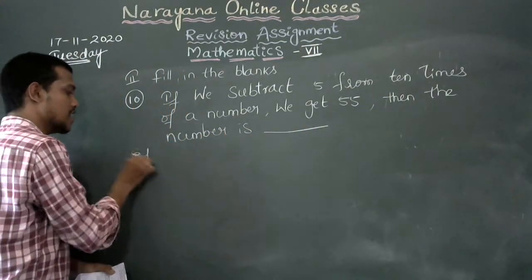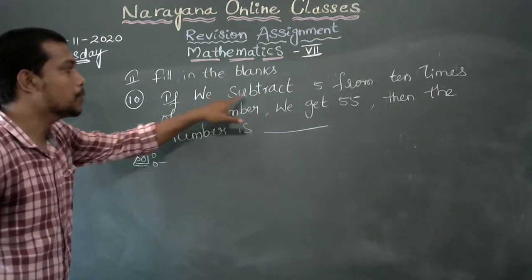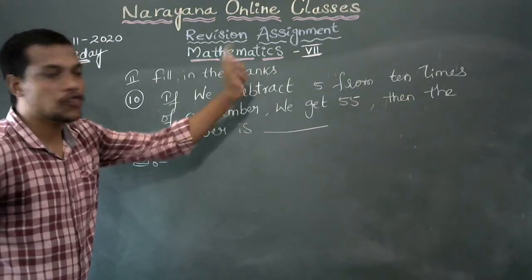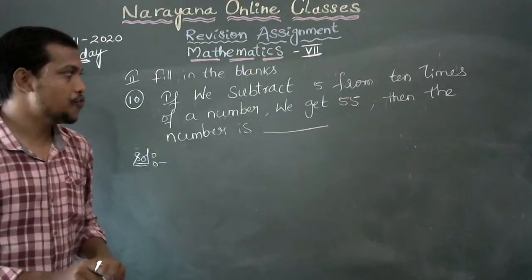So now solution. So here what is the question? If we subtract 5 from 10 times of a number, we get 55.